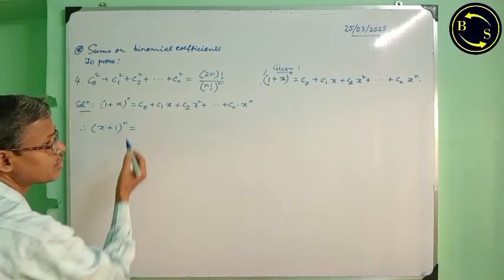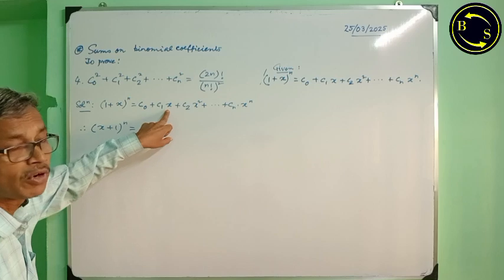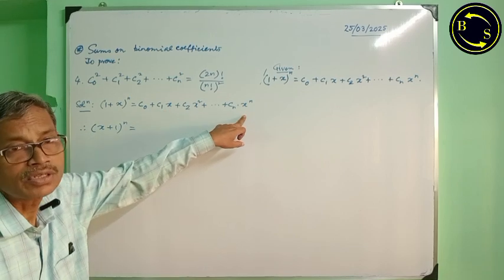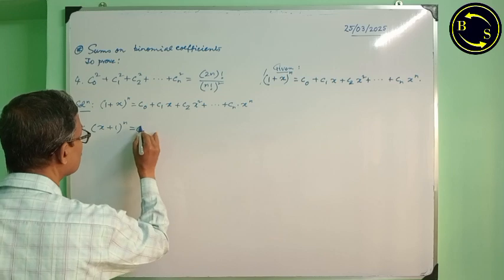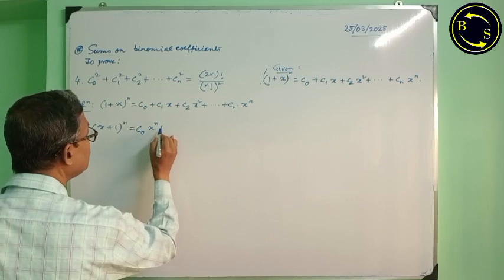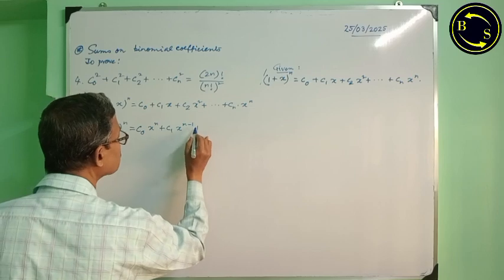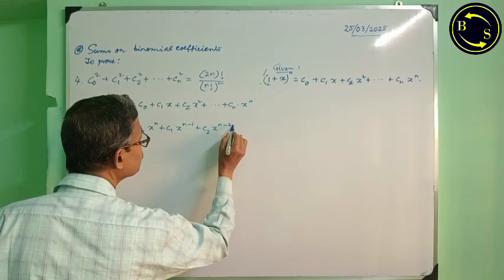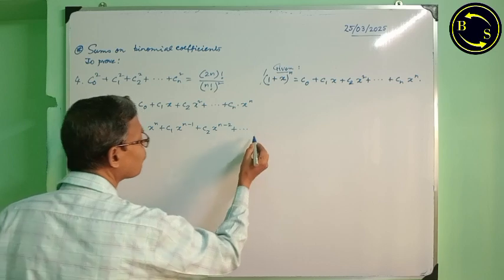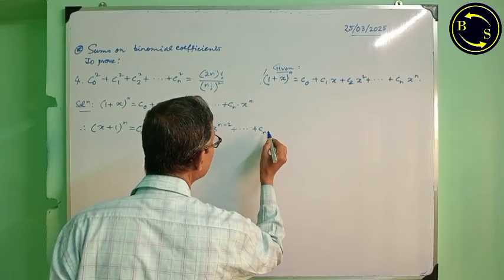Then first term will contain x to the power n, second term x to the power n minus 1 like this, and last term: C0 x to the power n plus C1 x to the power n minus 1 plus C2 x to the power n minus 2 plus dot dot dot plus Cn.